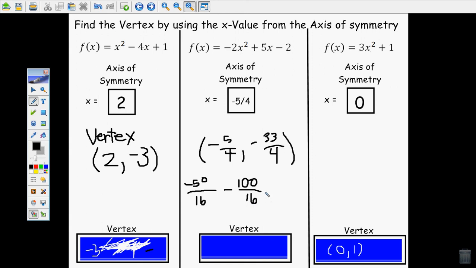And then minus 2, when I make that into 16ths, I got negative 32 over 16. I know it's fractions and nobody likes fractions, but you have to take all three of them and have 16ths. So then when I did negative 50 minus 100, that's 150. And then minus 1.